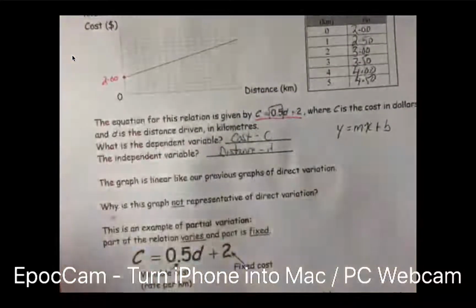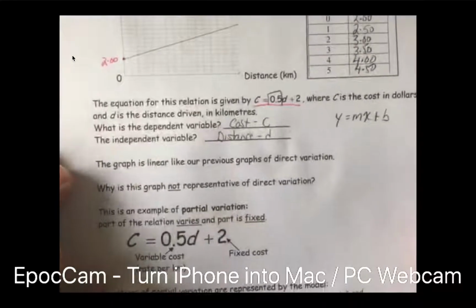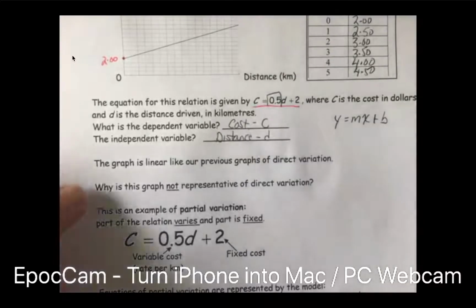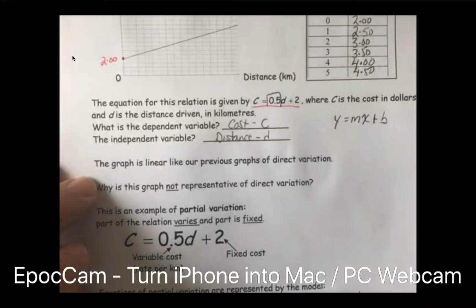Something to note here, this graph is linear like our previous graphs of direct variation. So they're both linear. But this question here, why is this graph not representative of direct variation? It's asking you to notice the big difference.